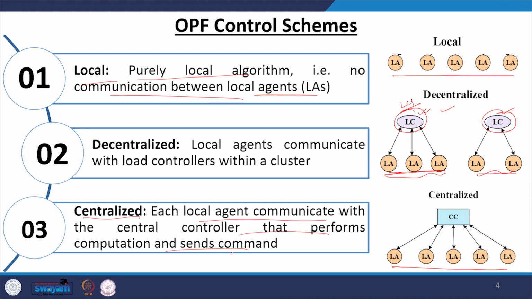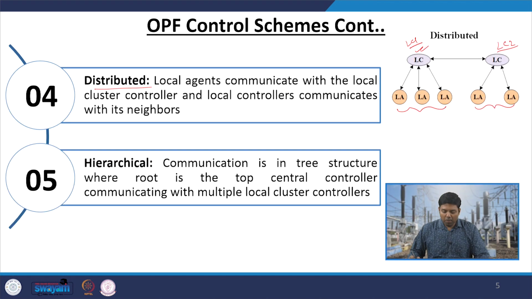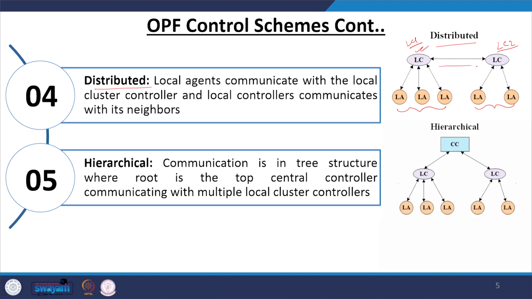These local controllers do not talk with each other; they are taking decisions for their own sake. In distributed control, the local controllers communicate with each other for the benefit of the entire network. In decentralized control they operate separately, but in distributed control they take their decision and convey it to their neighboring local controller.